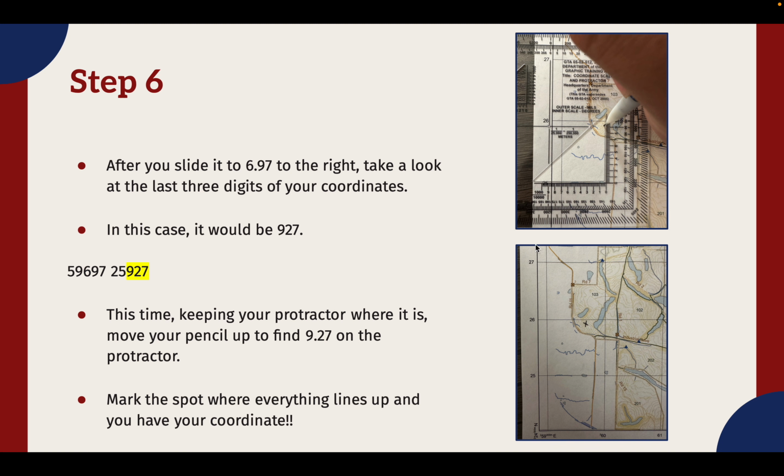After you slide it 6.97 to the right, we take a look at the last 3 digits, 927. I like looking at it as 9.27. You don't need to move the protractor whatsoever. You just go up on the vertical axis 9.27, and that will be where your point is plotted. You can see we have a dot here, and that is how you plot your coordinates.